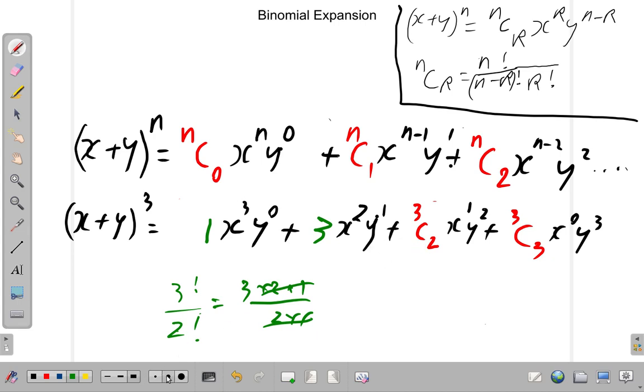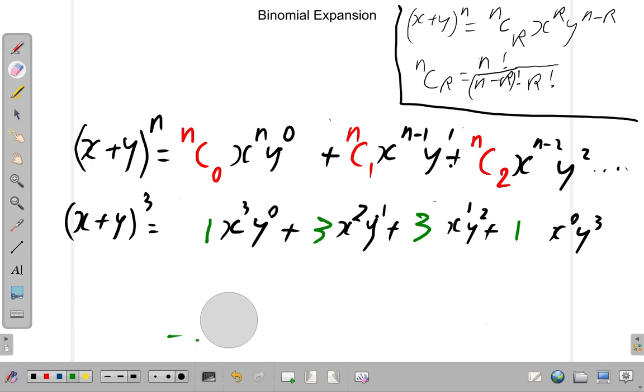Now, from memory, I know that this number, if you work it out, you're also going to get 3, and this number here you're going to get 1. Alright? Now, as to why these combinations are here, the thing is this: you're looking at arrangements of x's. How many ways can you arrange the x's?